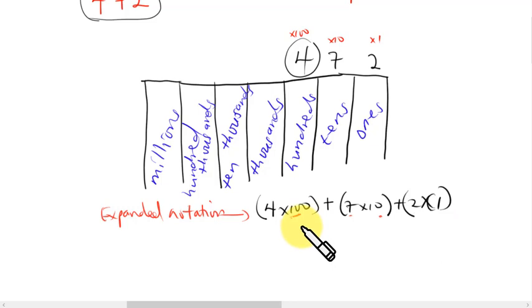So when we say expanded form, it essentially means when you write a number as the sum of the products of the individual digits and their place values. We call this expanded notation when we see the times and the plus here.